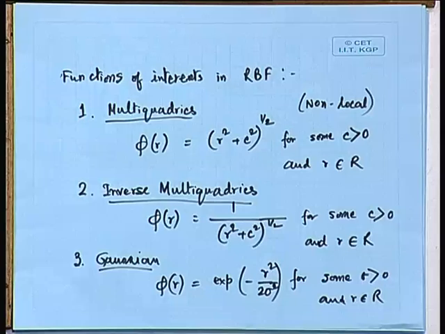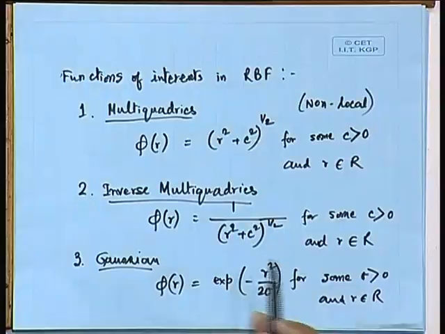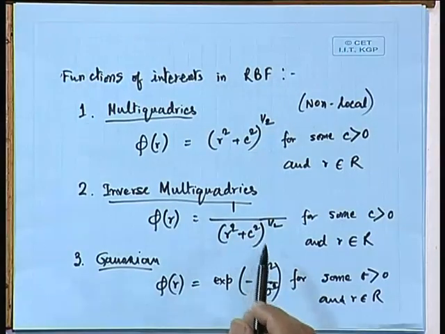Whereas, inverse multi-quadrics and Gaussian share a common property. As you make r tend towards infinity, you can see that the phi(r) function tends to 0. In fact, here this c square is there, but as r tends to 0, it is 1 by c.